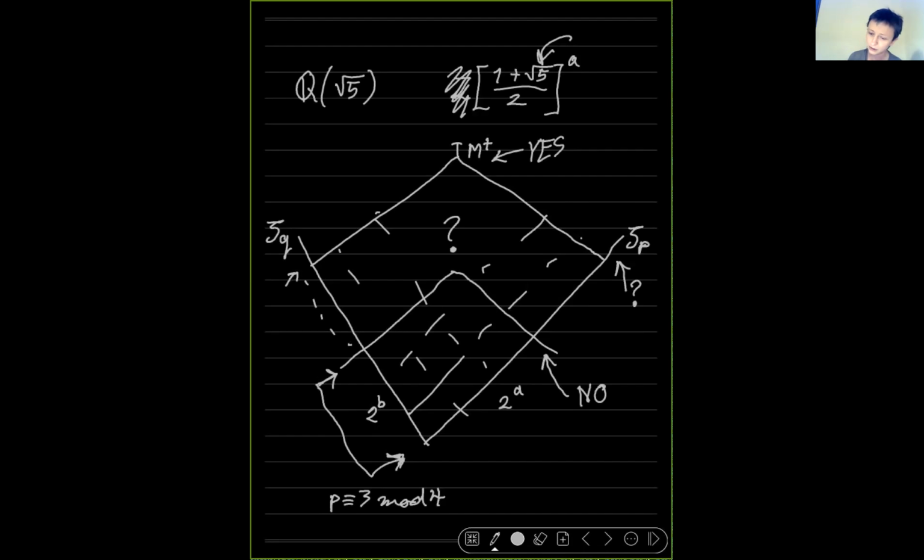And if you look just at those congruent to 3, where did I put that result? Oh no, where'd it go?